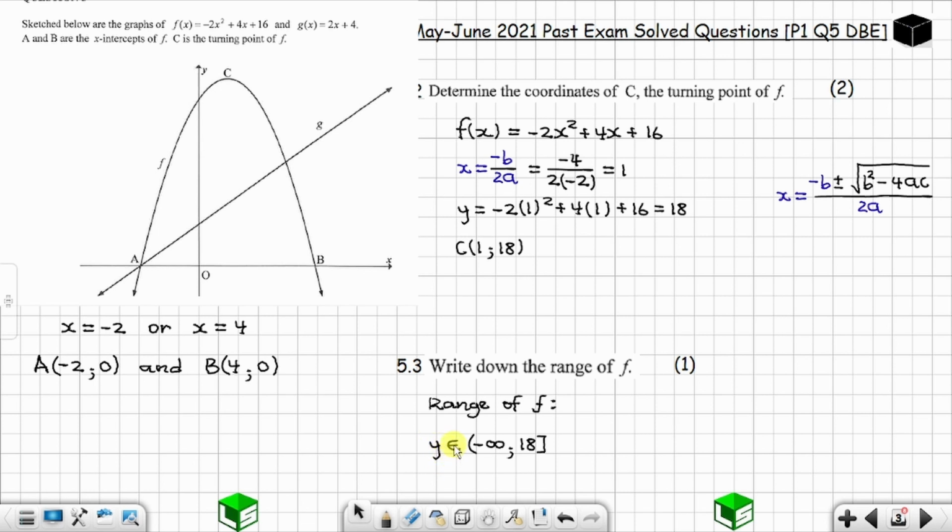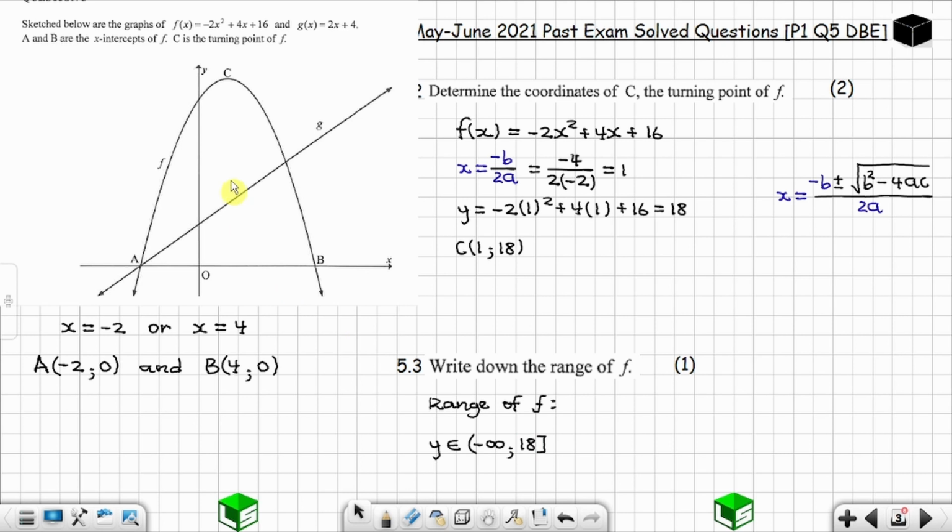You say y element of this interval. You can see I have a round bracket there, which means that negative infinity is not included, because infinity or negative infinity is not a number, as this graph keeps on going. But when it comes to 18, 18 is included. This is why you have a square bracket.